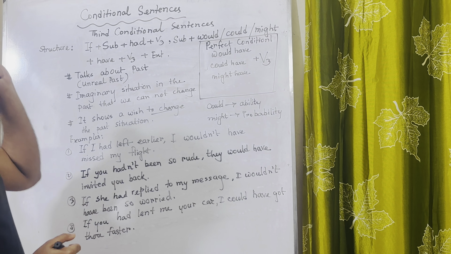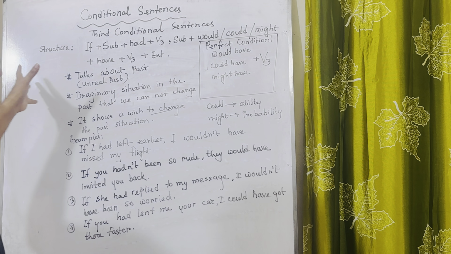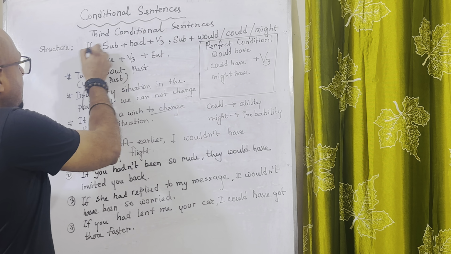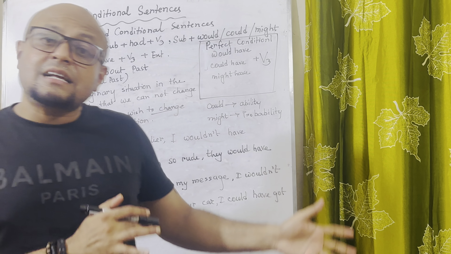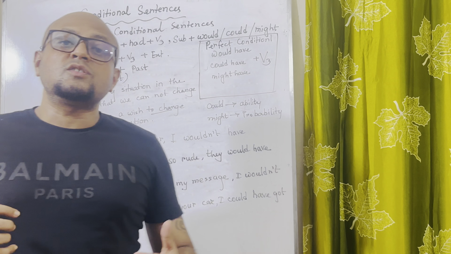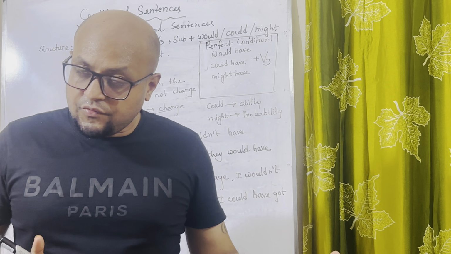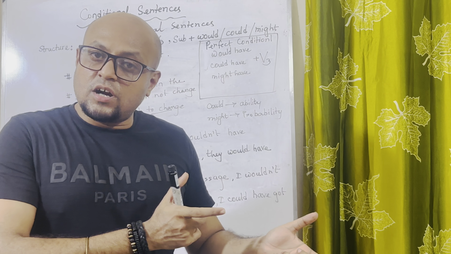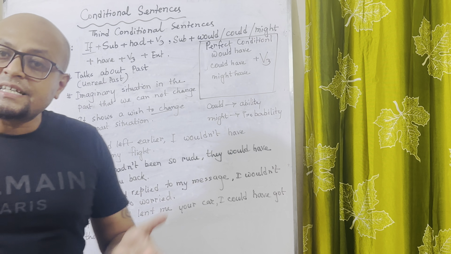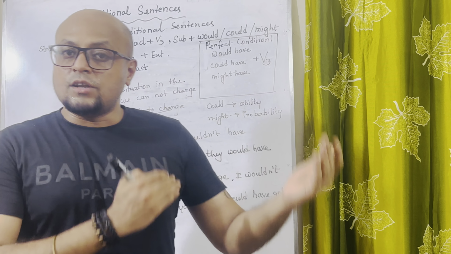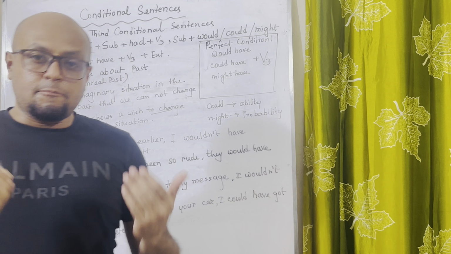As you can see on the board, first of all I have written the structure of the third conditional sentence. Like other conditional sentences, the third conditional sentence also starts with the conjunction if, and it's also divided into 2 parts. At first you will write the subordinate clause that starts with if, and then the main verb will appear.